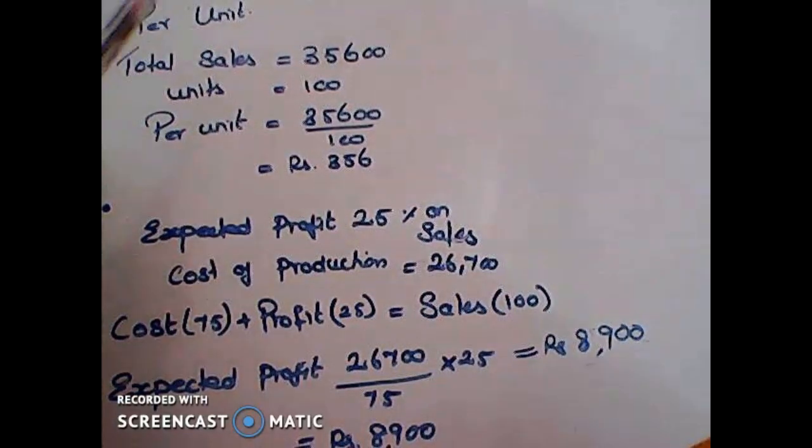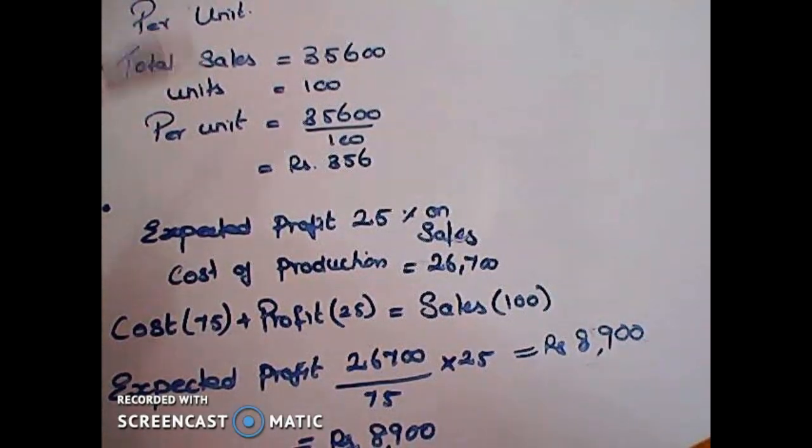Now I am going to show you how to calculate the per unit of a product. For example, in any problem, it may be given that the total sales is 35,600. We have to read the question carefully, because in the beginning of the problem, for example, it says a factory produces 100 units of commodity.